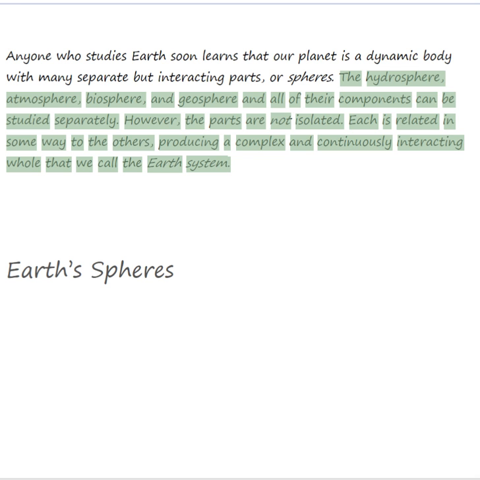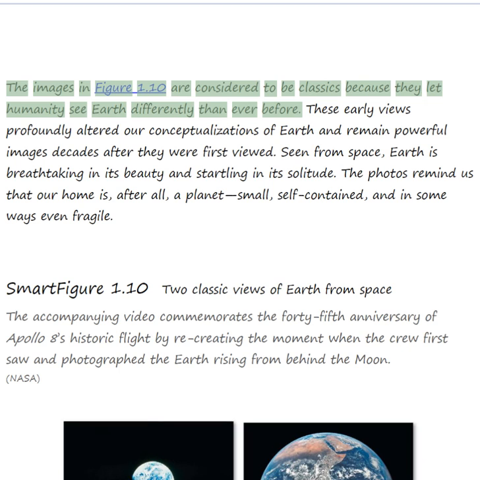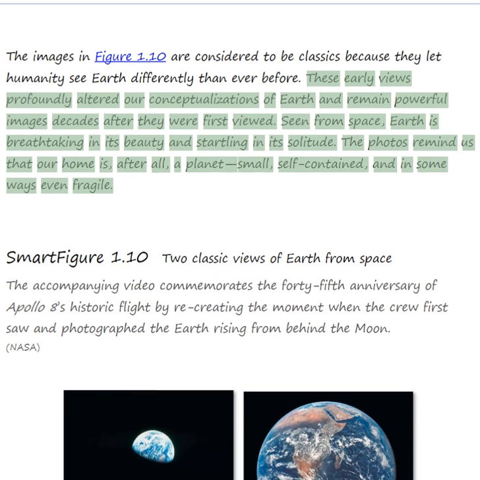Earth spheres. The images in Figure 1.10 are considered to be classics because they let humanity see Earth differently than ever before. These early views profoundly altered our conceptualizations of Earth and remain powerful images decades after they were first viewed. Seen from space, Earth is breathtaking in its beauty and startling in its solitude.